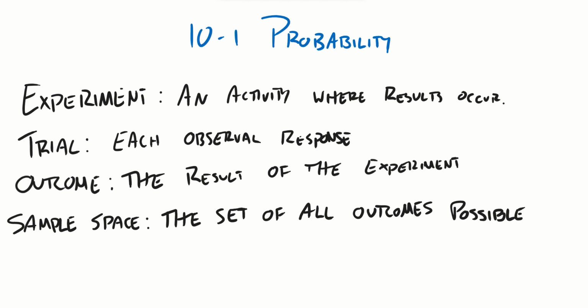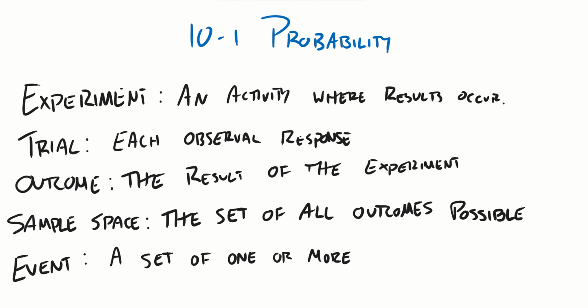So all the things that could happen is called the sample space, and then the event, this is a set of one or more outcomes.